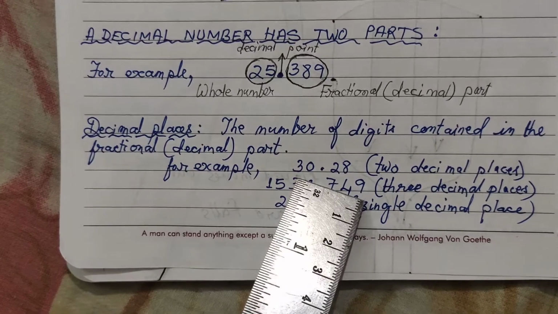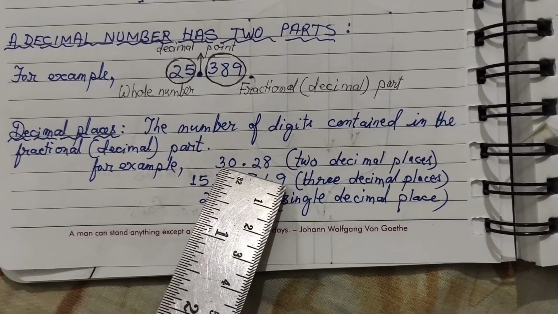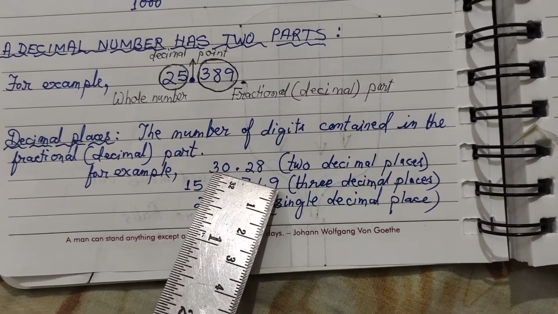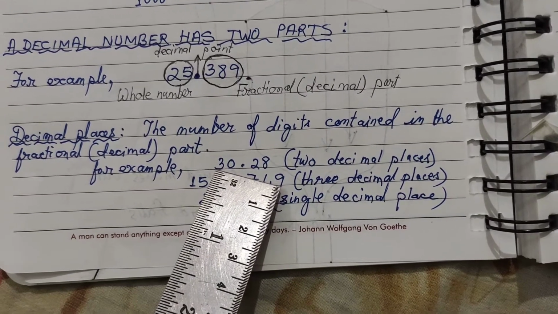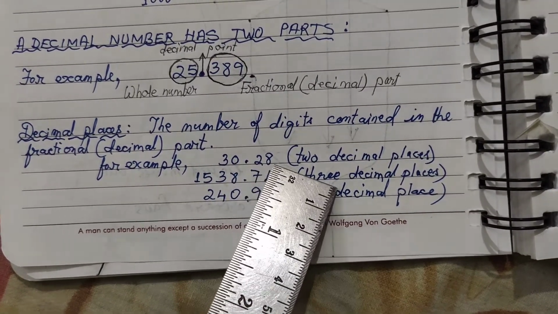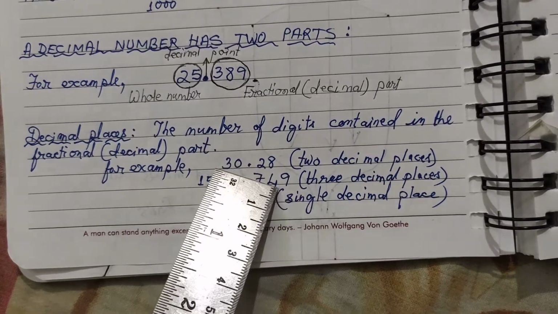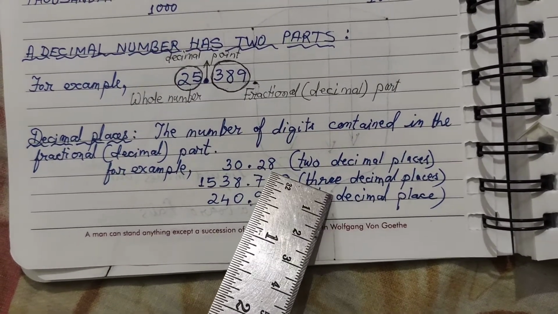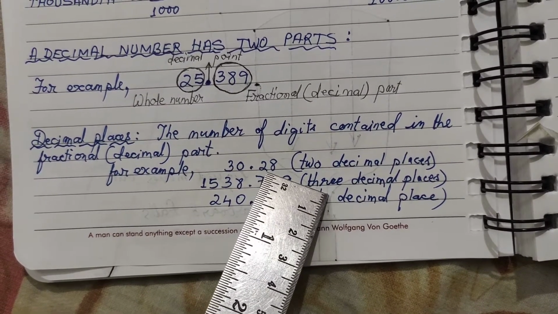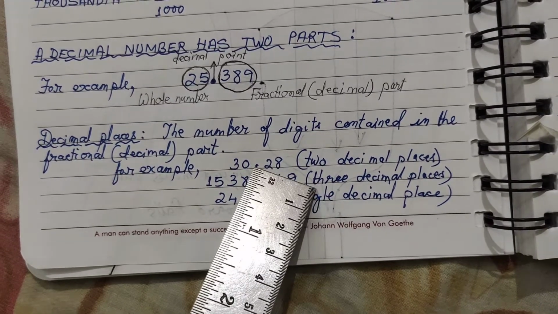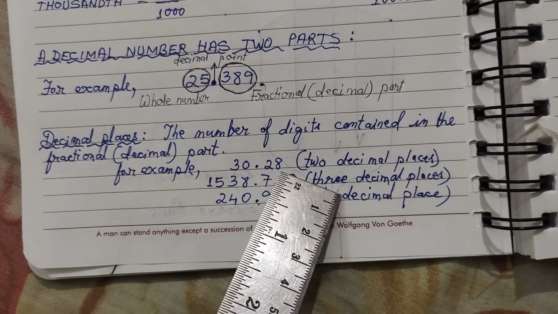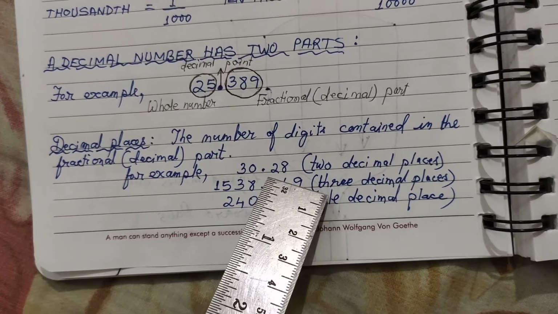Some other examples I have written over here. For this decimal number, how do you pronounce it? Thirty point two eight, not twenty-eight. And how many decimal places? 2 decimal places, because after the point there are 2 digits.